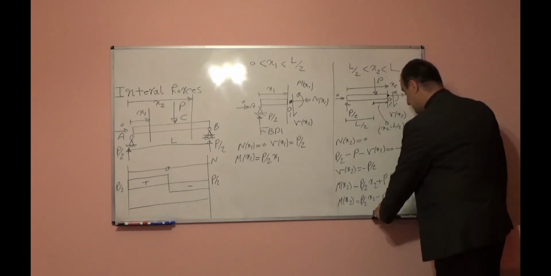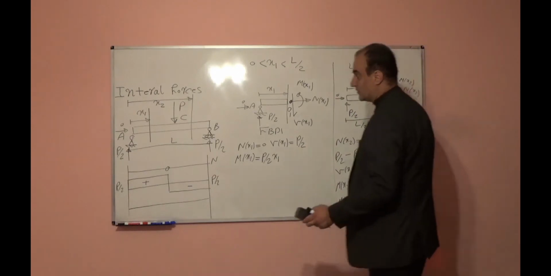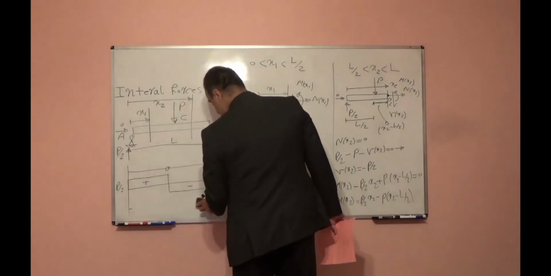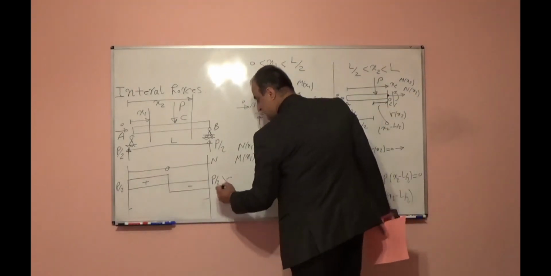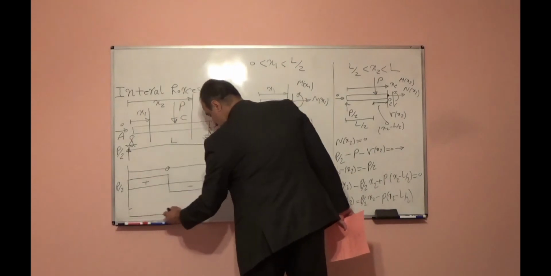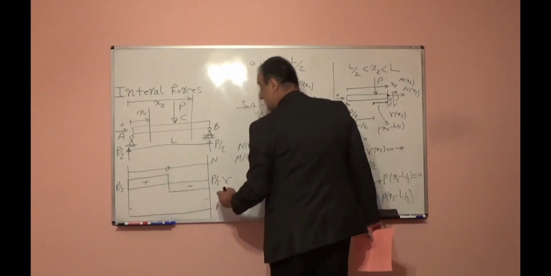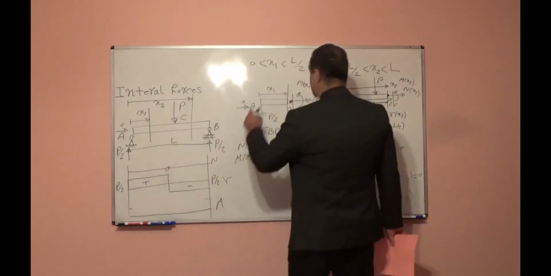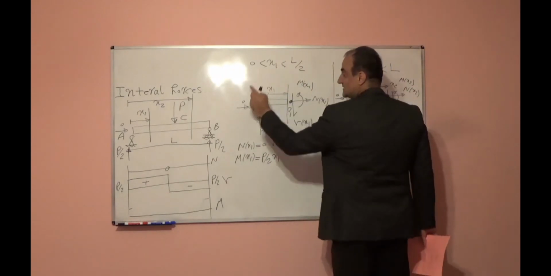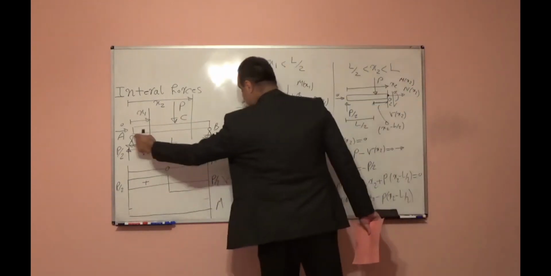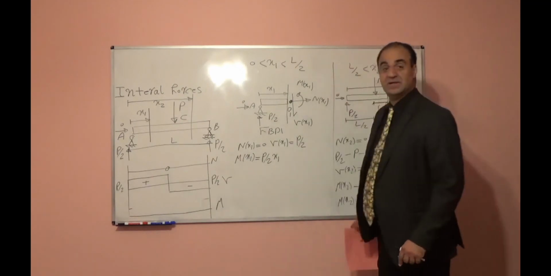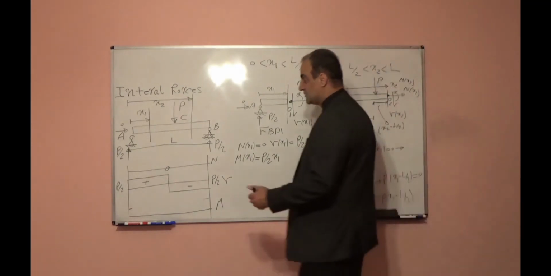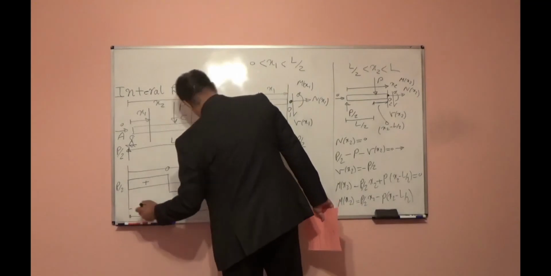Now, bending moment. So this was shear force V. Bending moment I show here, M. In the beginning, at x1 equal to 0, it means point A here. P over 2 times x1, if instead of x1 I plug 0, it will be 0. So at the beginning it is 0.